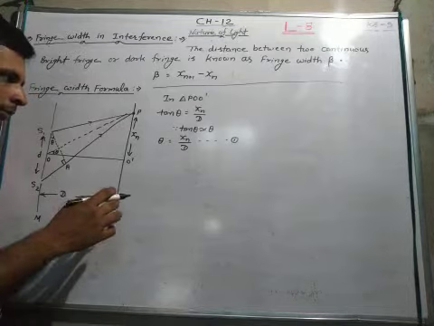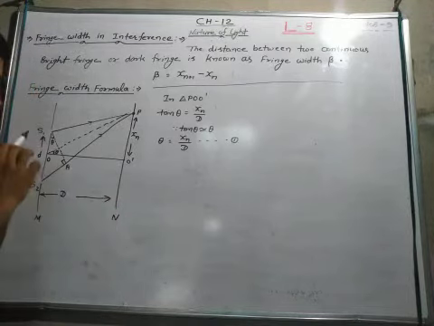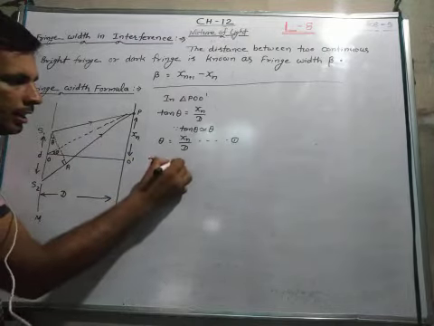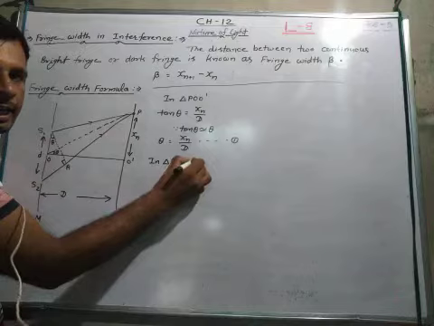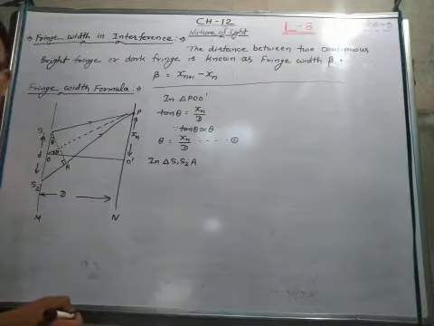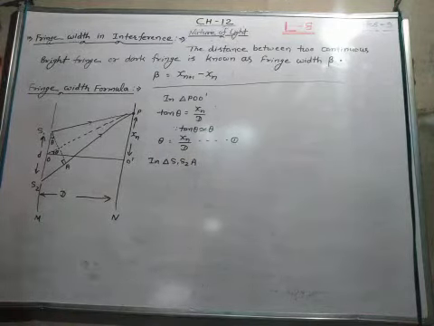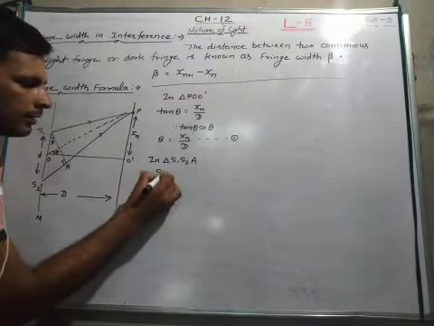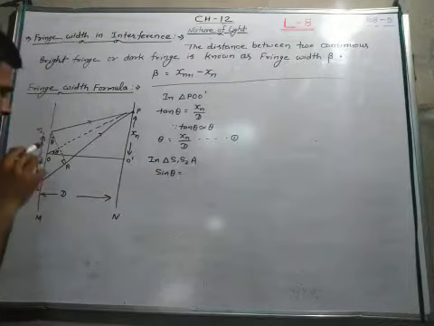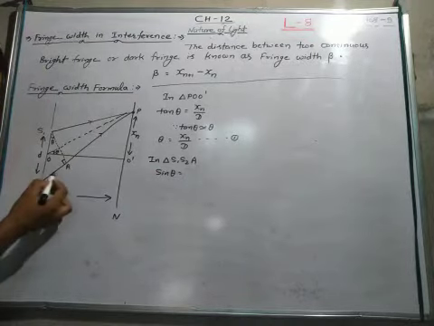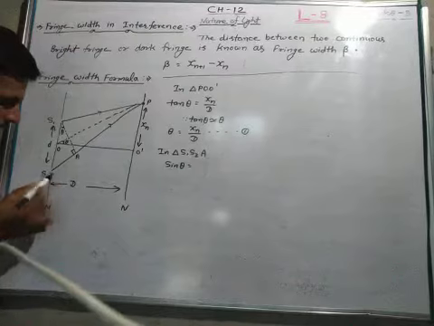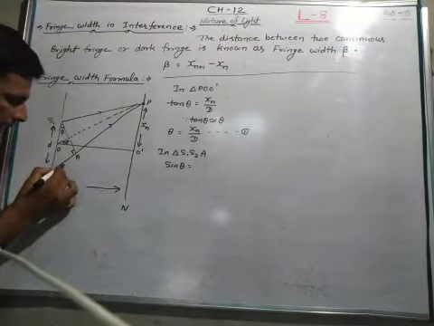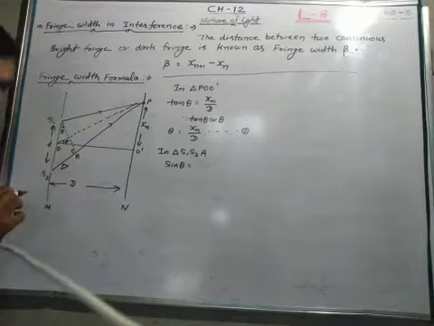Now we take another triangle S1 S2 A. In triangle S1 S2 A, sin theta is equal to the path difference from S2 to A, represented by delta.